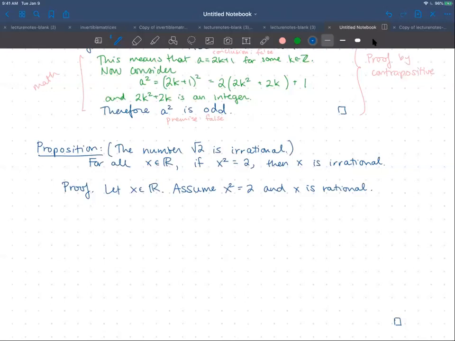And let's look at the first line of our proof. It says, all right, let x be a real number, no big surprise. Assume x squared equals 2. So we're assuming our premise is true. And we're assuming that our conclusion is false. And that is how you start a proof by contradiction.